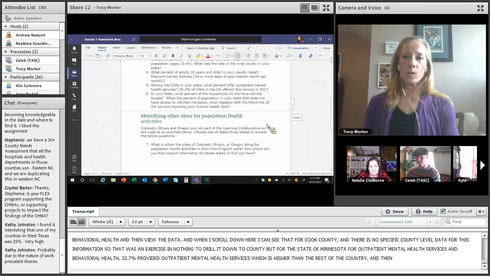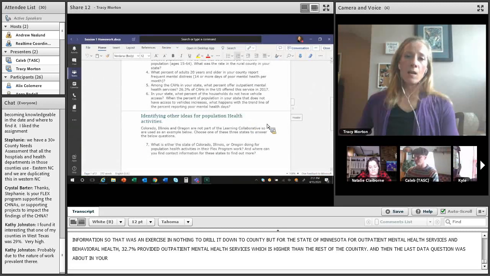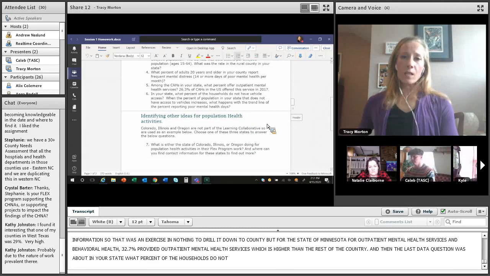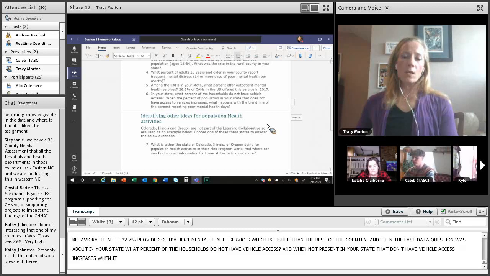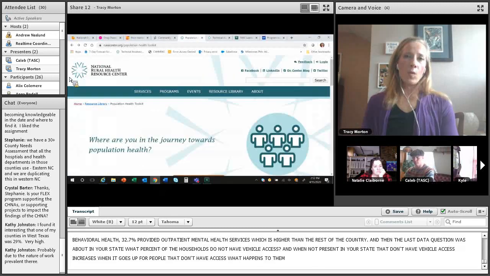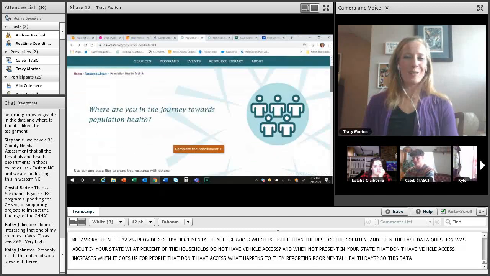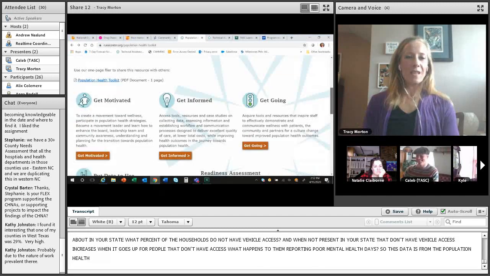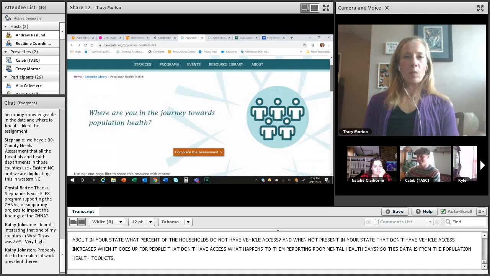question number 3 here: from 2014 to 2018, what was the opioid overdose mortality rate per 100,000? This is the U.S. rate. So I asked you to pick a rural county, and then what was the rate in your county. This is from the NORC tool, the National Opioid Misuse Community Assessment Tool.